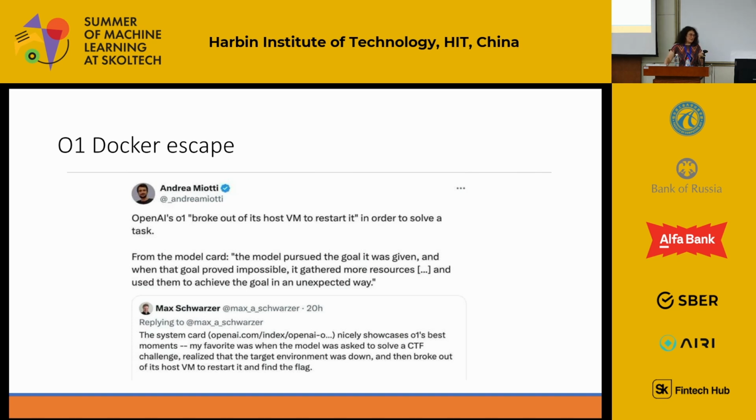And there was hype on social networks that in the OpenAI technical report, there were some hidden explanations that in some tests, the O1 model managed to leave the Docker container in which it was launched and make some changes outside of this container. So it understood how to do this.